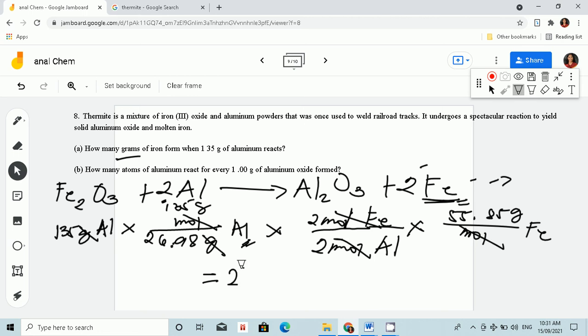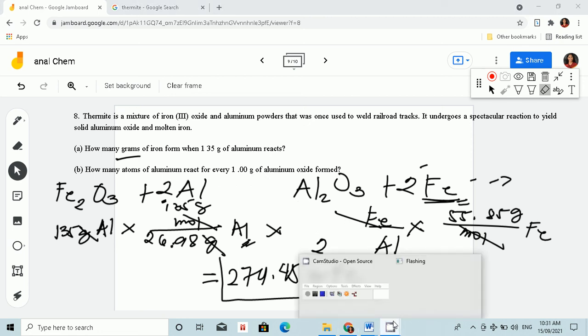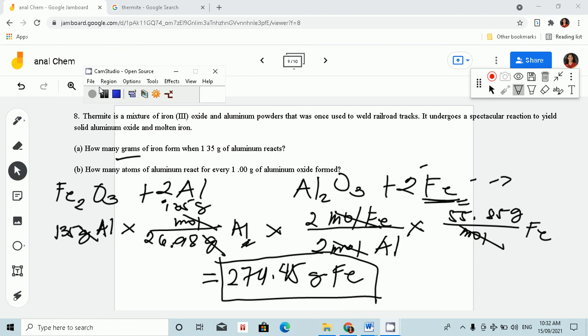So again, we use the 135 grams of aluminum, which is given. To cancel the grams, we use the atomic mass of aluminum, which is 26.98 grams, and we are left with moles of aluminum. To get the moles of iron, because we are asked for iron, we use this equation: iron oxide plus 2 aluminum yields aluminum oxide and 2 iron.